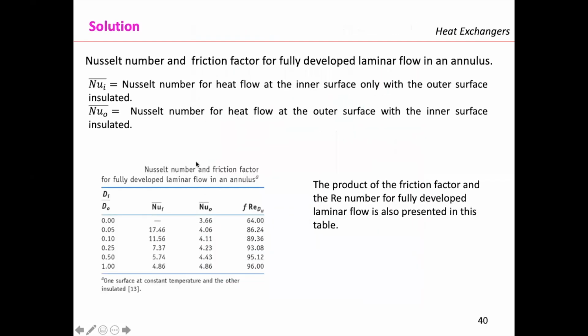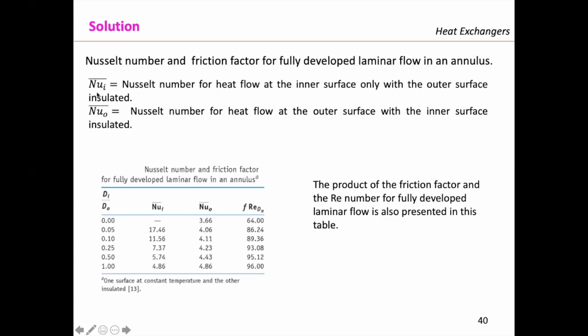Let me show you my table. This is from another textbook, but it appears similar in your textbook. Nu_i is the Nusselt number for heat flow at the inner surface, with the outer surface insulated. And Nu_o is the Nusselt number for heat flow at the outer surface with the inner surface insulated.